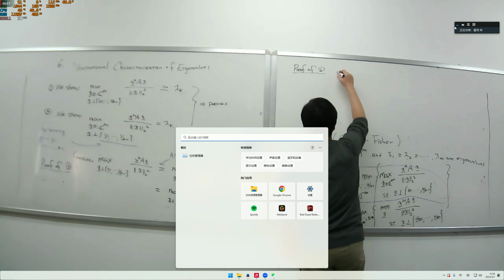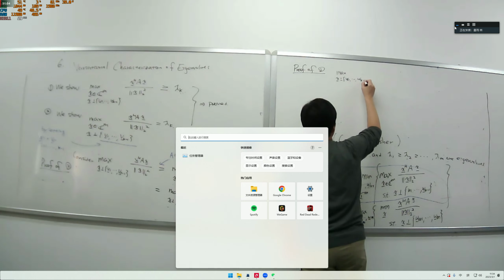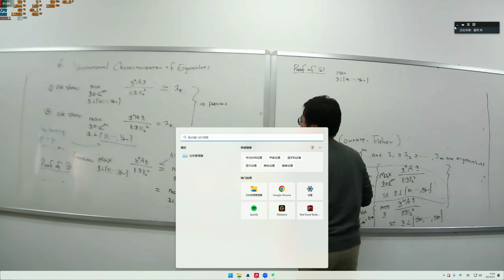Now we consider x orthogonal to arbitrary w1 to wk minus 1.